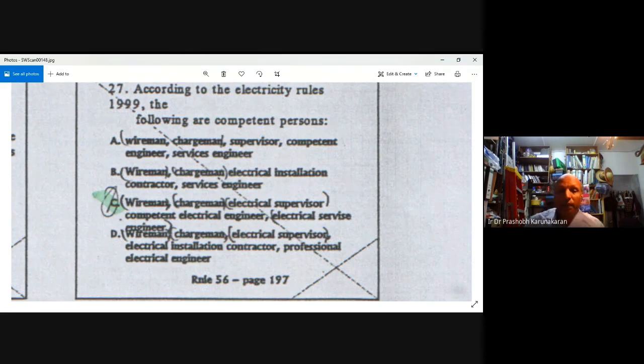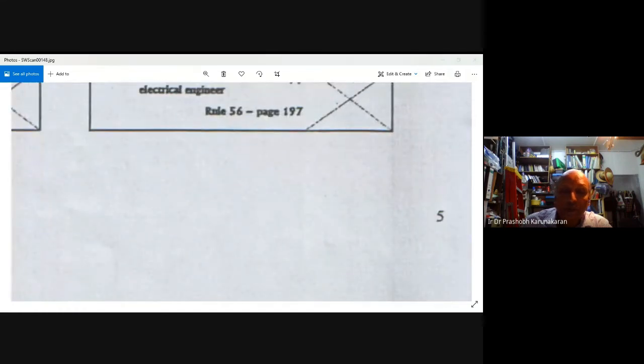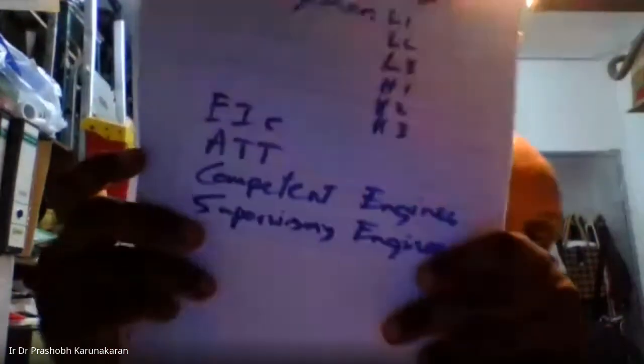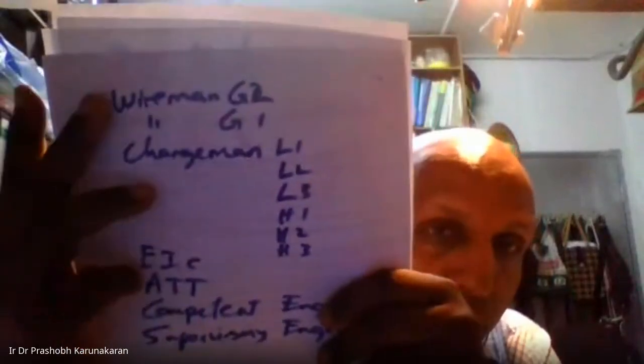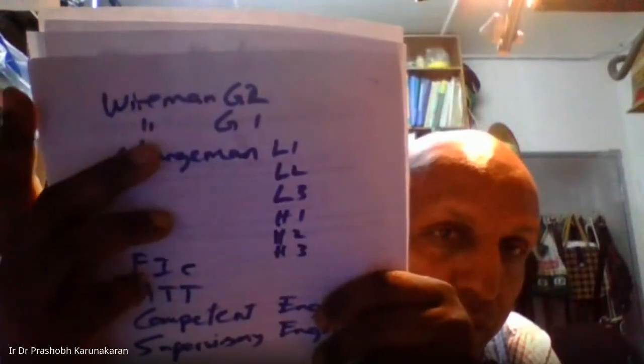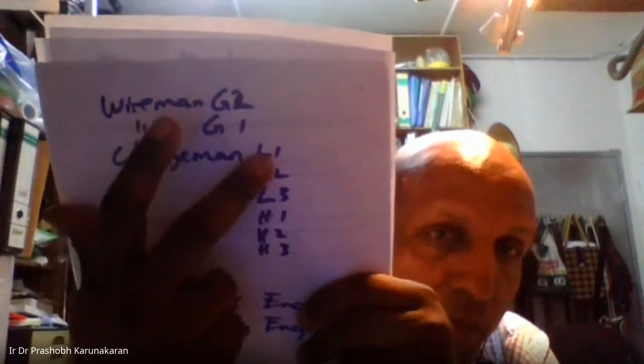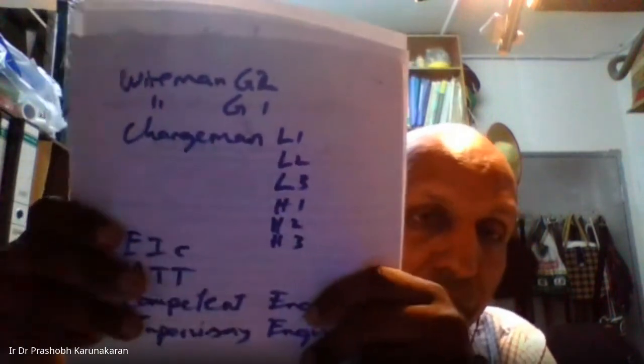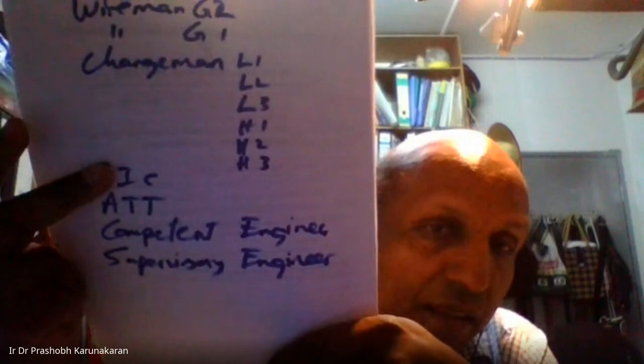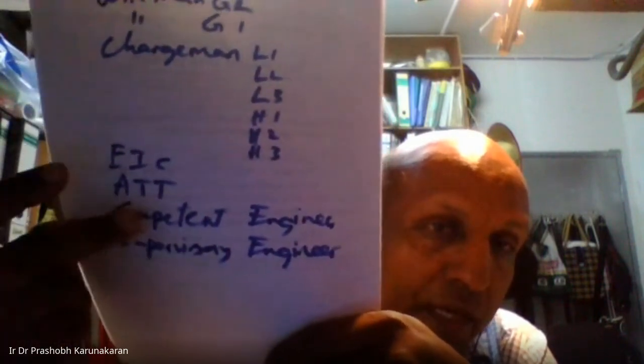So these are some of the competencies. Wireman G2, which is what you're taking now, then G1, and then chargeman L1, L2, L3, H1, H2, H3. Then EIC, ATT, competent engineer.